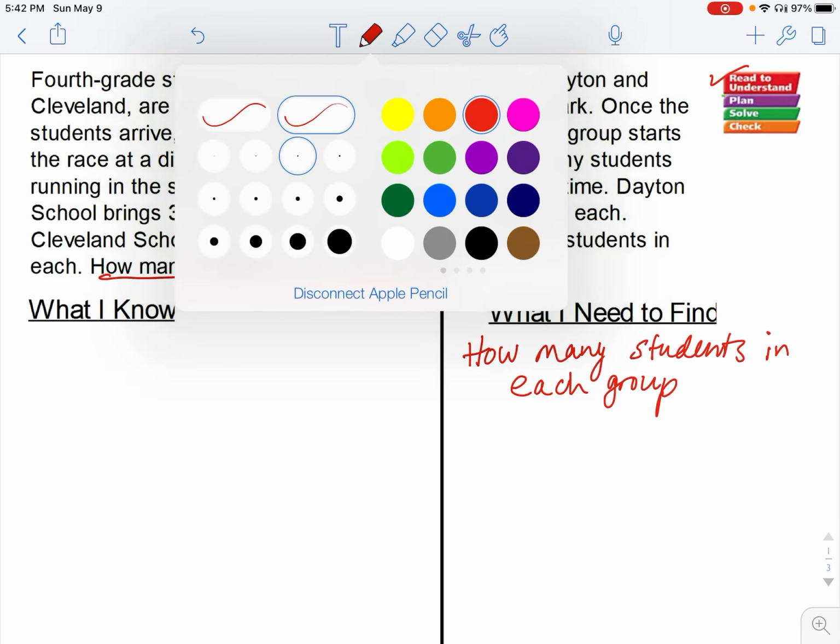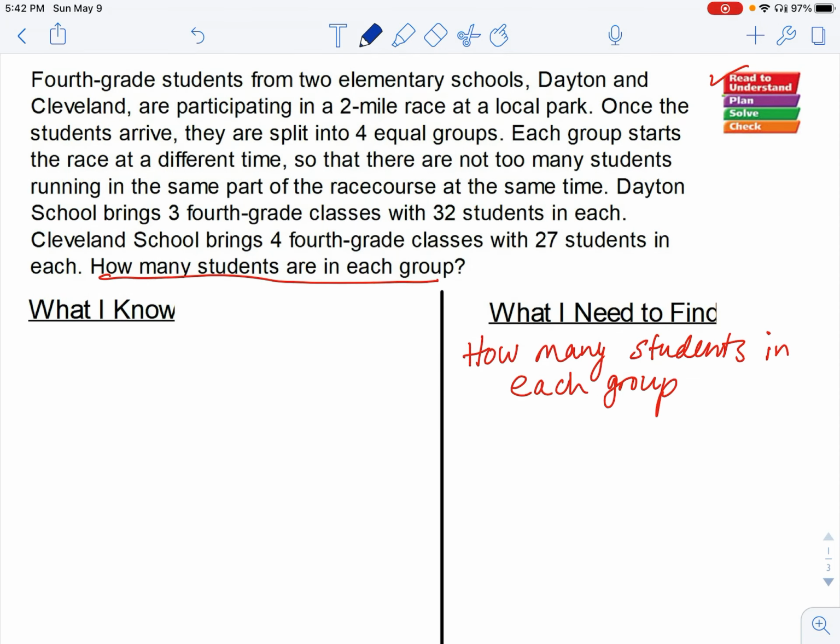Okay, so one detail that was really helpful is that we have 3 fourth grade classes with 32 students in each from Dayton. So right away, I could write that 3 classes with 32 students each.